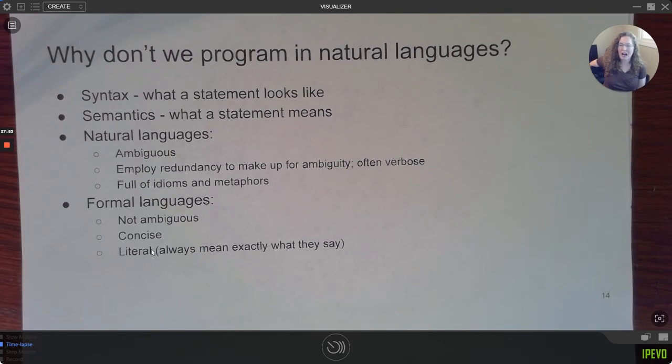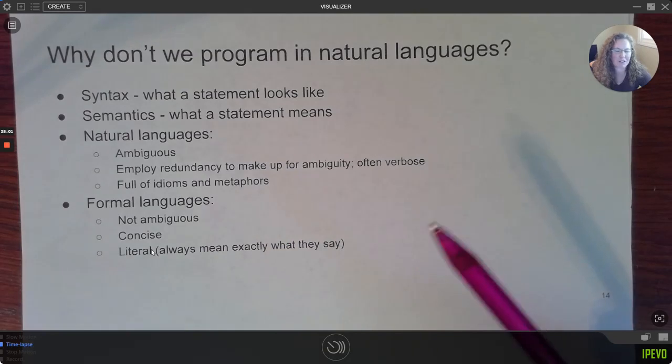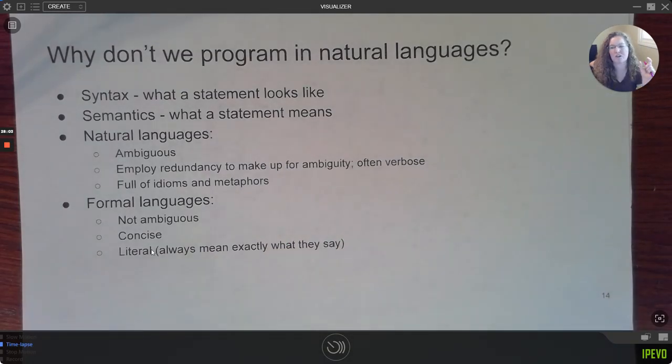So there is a big difficulty with natural languages. We've talked about syntax, and that's basically what a statement looks like. The structure in particular is what it looks like, how it's arranged. Syntactically, we can probably come up with a pretty good way of taking a natural language and checking the syntax.